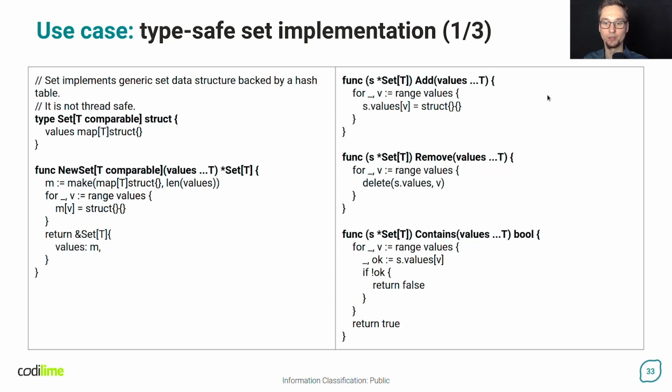We have also implemented the needed methods of the set data structure, which are add, remove, contains, and so on. We can see that they all use this T type parameter here, and the implementation basically looks the same as with regular methods. So this code is pretty straightforward.